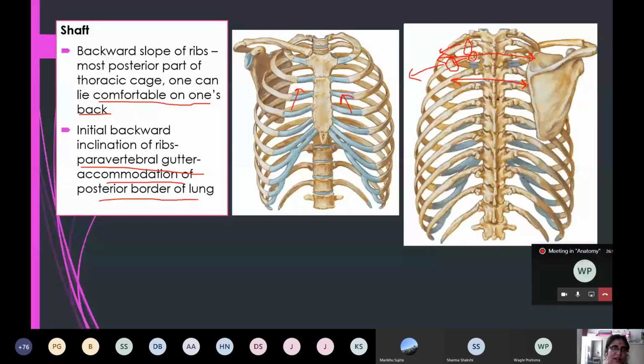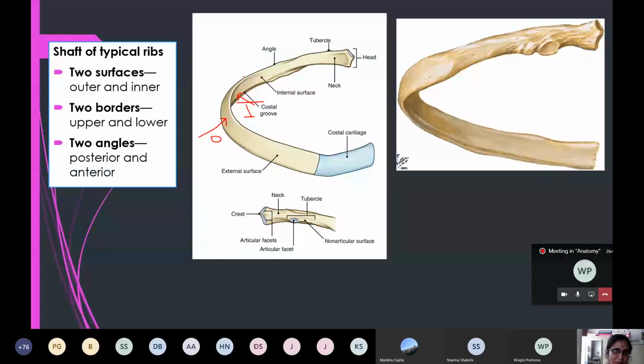Now another thing: what are the parts of the shaft of the typical rib? It has two surfaces. This is the outer surface and from inside this is the inner surface. It has two borders. The border seen from above is the upper border, the round blunt border.